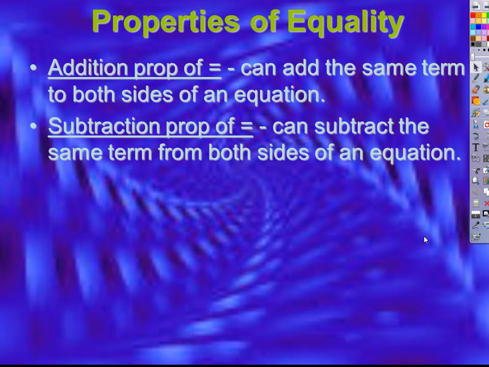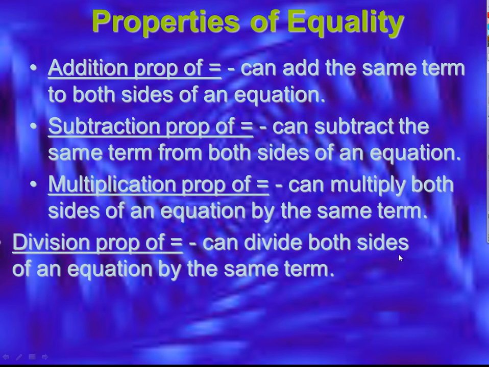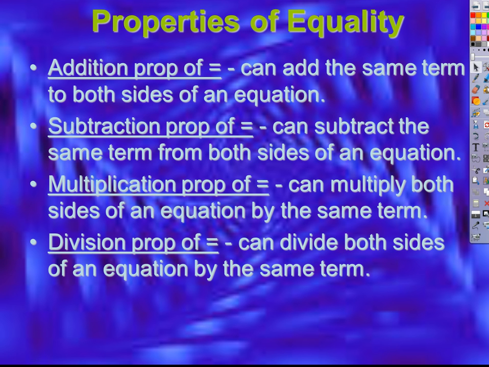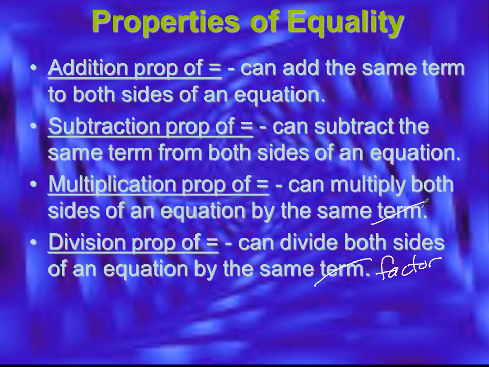Now, the similar properties for multiplying and dividing just say we can multiply or divide both sides of an equation by the same, oh, that's wrong. I'm supposed to say factor. Darn it, I thought I fixed that. So instead of term, that's actually supposed to say factor, because when I'm going to multiply or divide something, that's a factor that I'm pointing at.